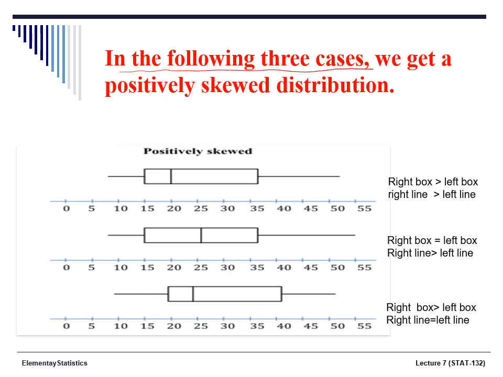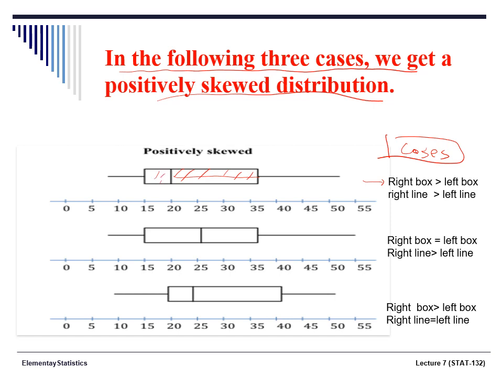In the following three cases, we get a positively skewed distribution. These are the box plots given to us, so look at these cases. If the right box is bigger than the left box, you see this line is definitely bigger than the left one.